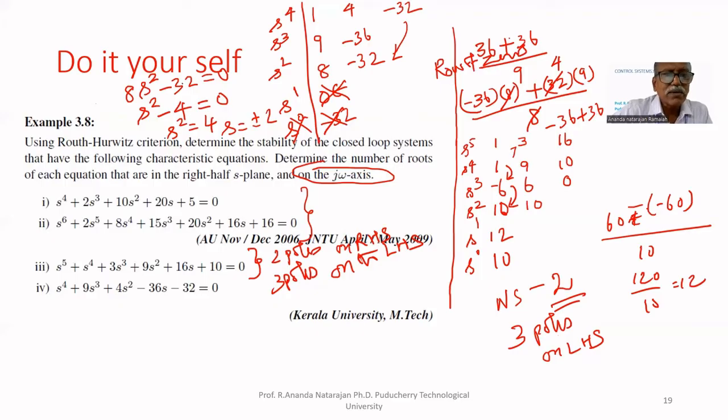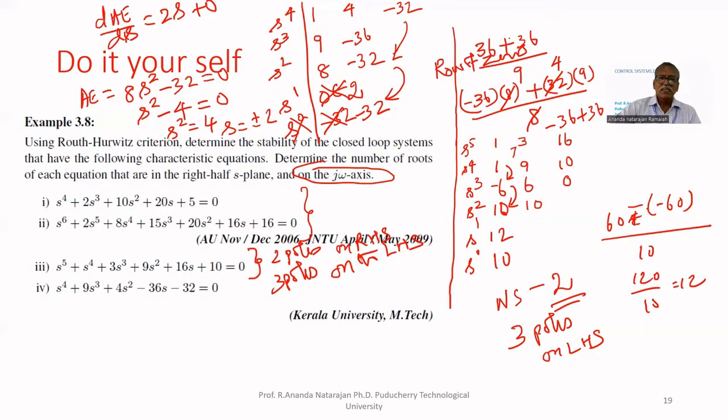The auxiliary equation is 8, 0, minus 32, or 1, 0, minus 4. Differentiating the auxiliary equation, dA by ds equal to what? 2s plus 0. That is 2s. So we have to replace the row by 2, 0. So here automatically you will get minus 32, because this 32 will come here.